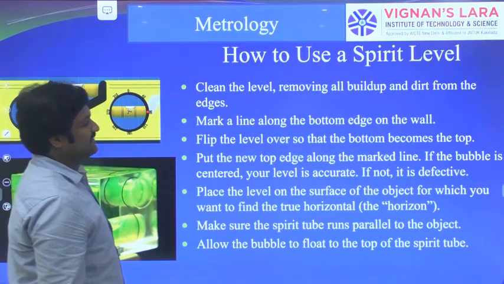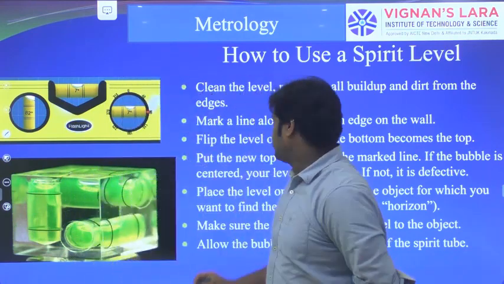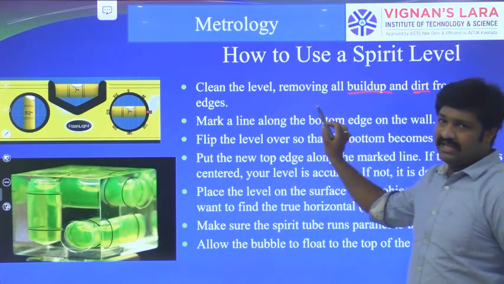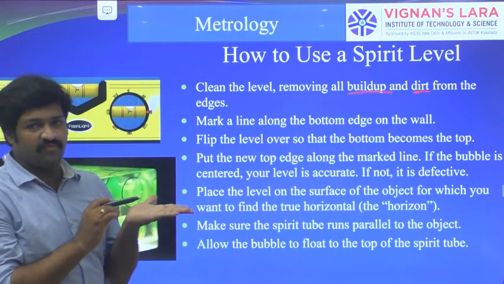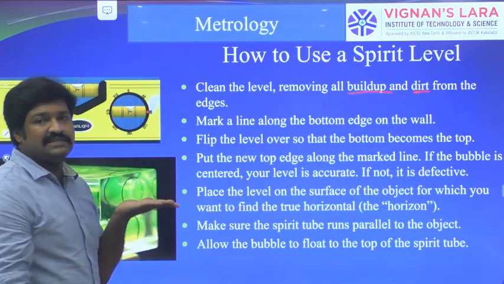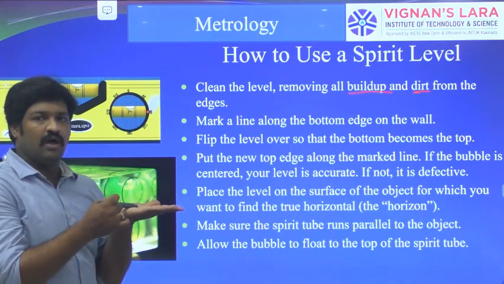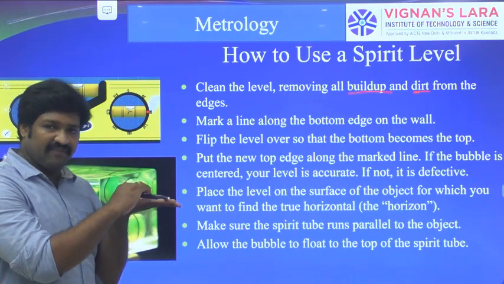So, how to use a spirit level? First, clean the level, removing all the build-up and dirt from the edges. If we want to measure or align any surface, we need to clean the surfaces. Why? Because if there are any dust particles or foreign particles, our level will not sit properly on the surface.